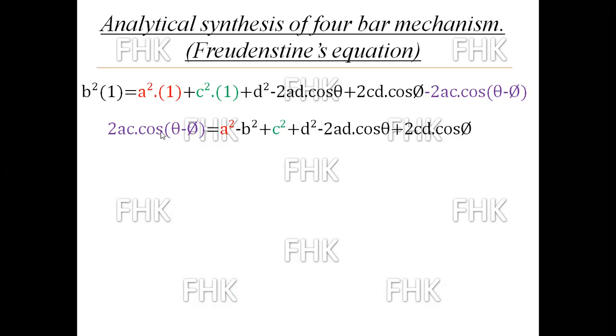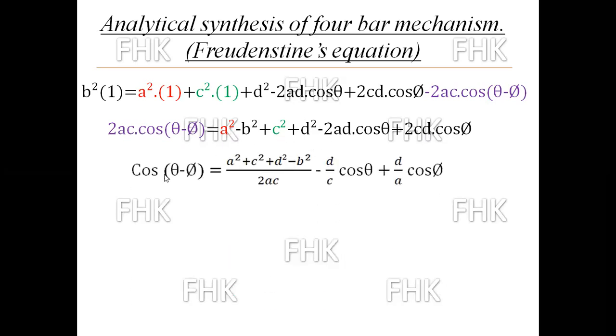Now I will divide the whole equation by 2ac, or I will move that 2ac towards the right. So it will become cos theta minus phi. Divide that term by 2ac, so it will get cancelled, and a square plus c square plus d square minus b square divided by 2ac.